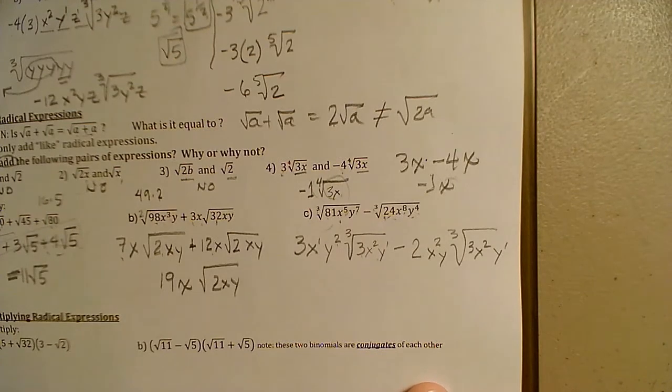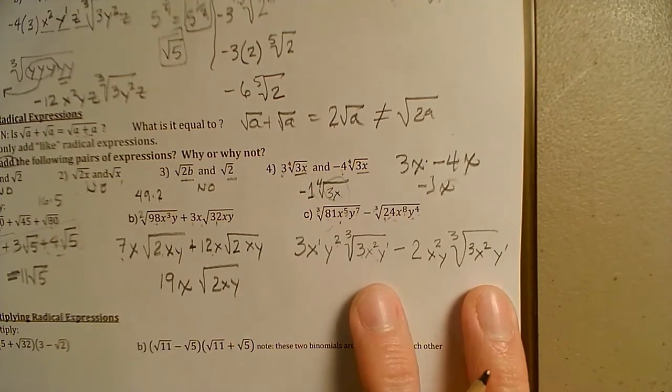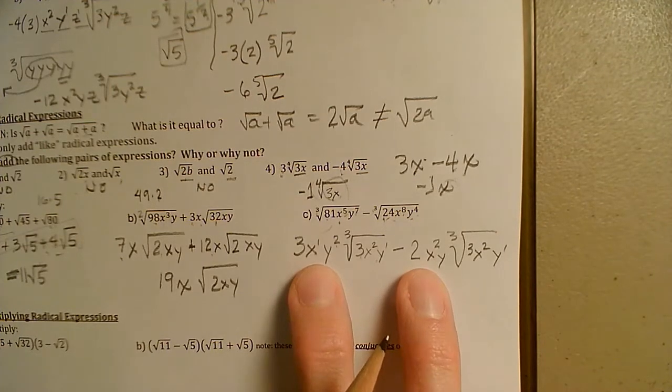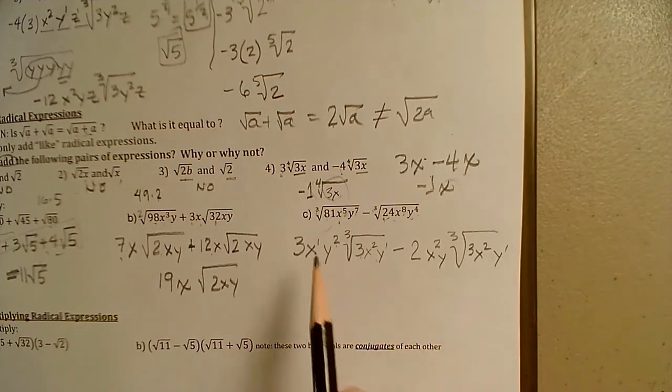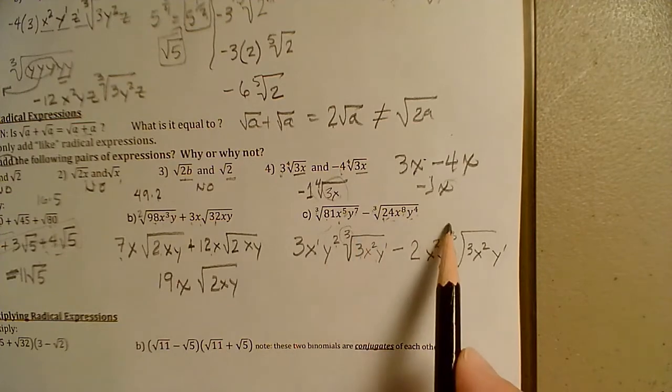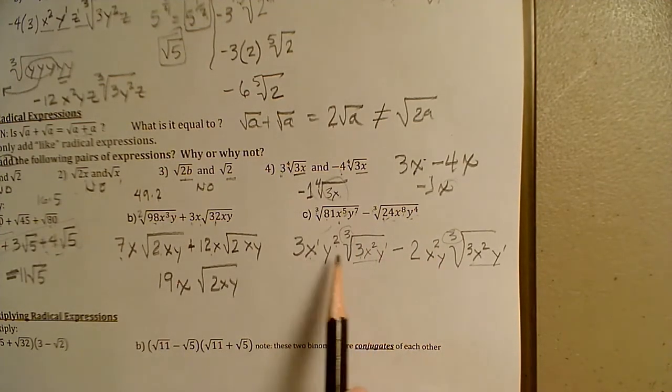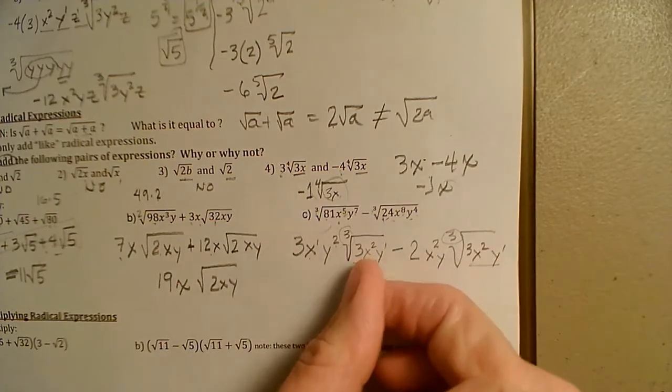All right, now the radicands are the same, but the things out in front are not. So these are not like terms, right? The indices have to be the same, the radicands have to be the same, and then all of these would have to be the same if we were going to combine these.